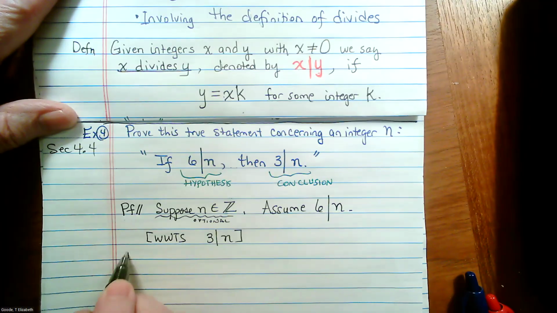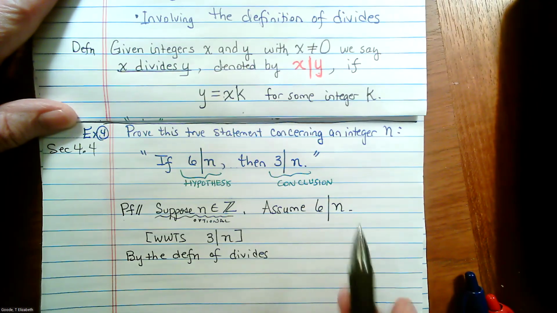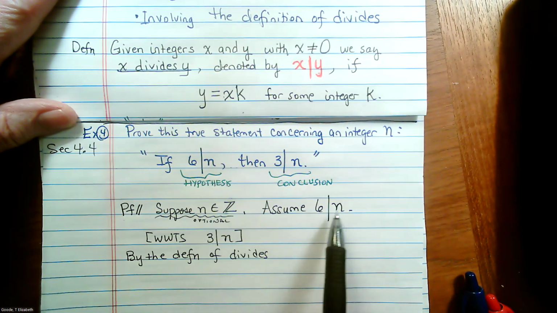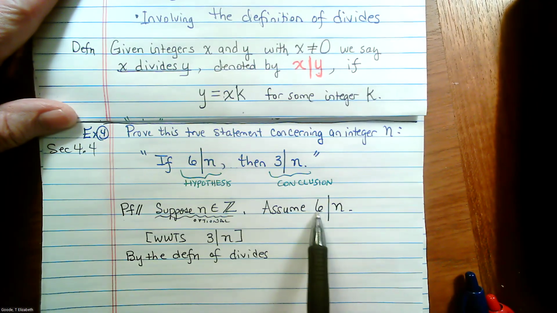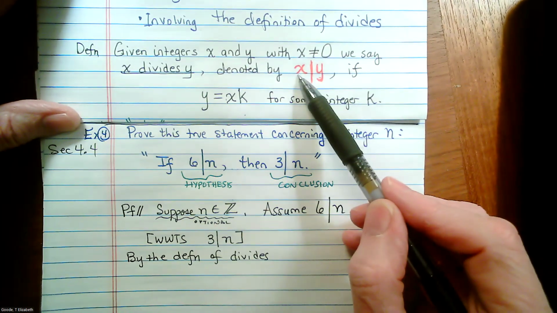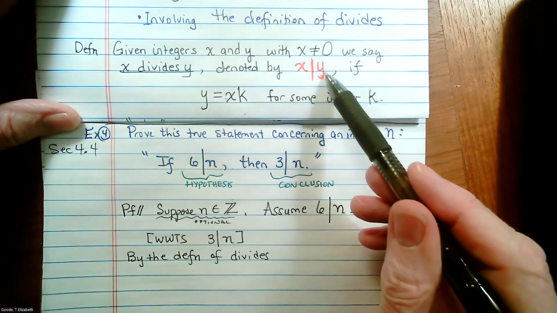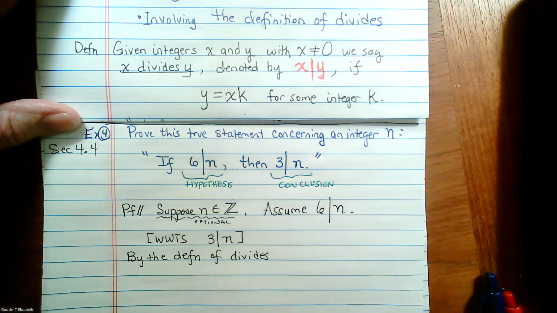By the definition of divides, tell me what equation we can write based on our hypothesis, our assumption that 6 divides n. 6 is playing the role of x, and n is playing the role of y. So what can we write?